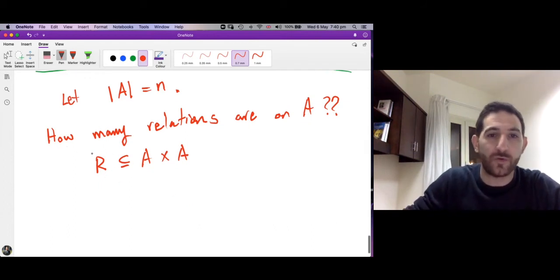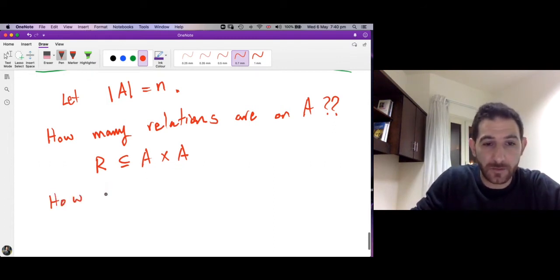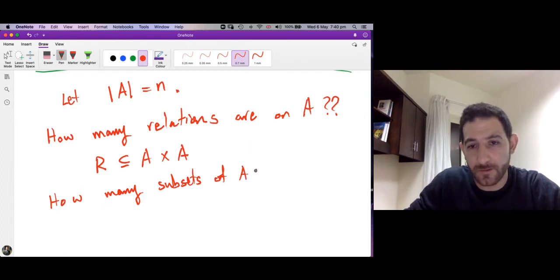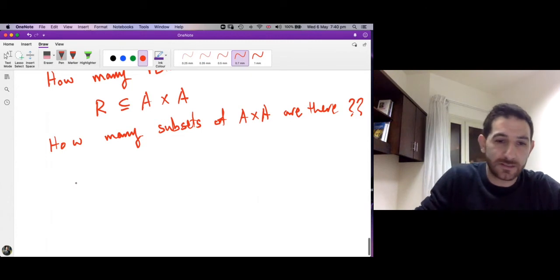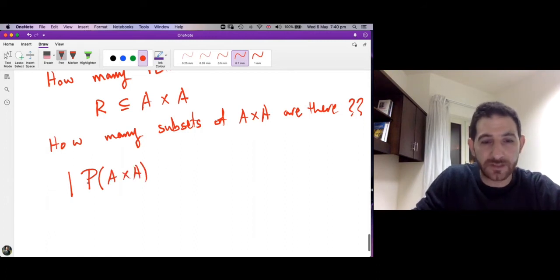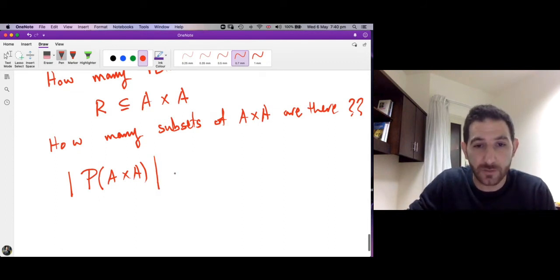So the question boils down to asking how many subsets of A cross A there are. The answer is the cardinality of the power set of A cross A. Because the power set of A cross A is the set of all subsets of A cross A, and this is what we want.